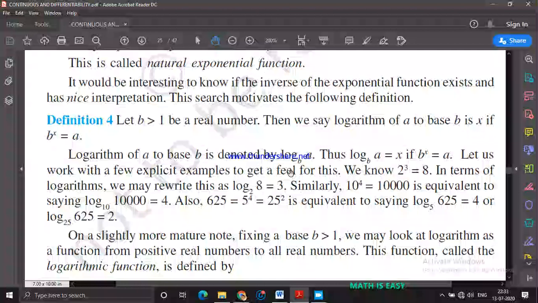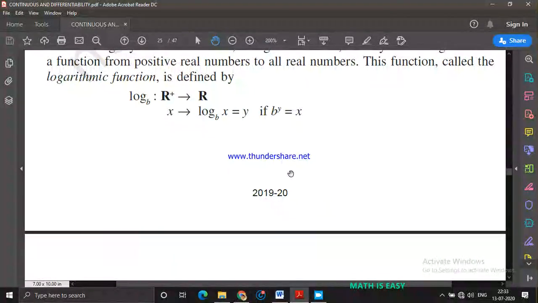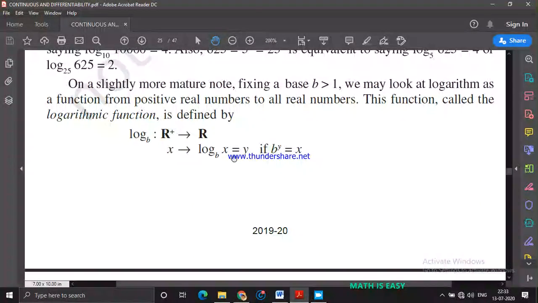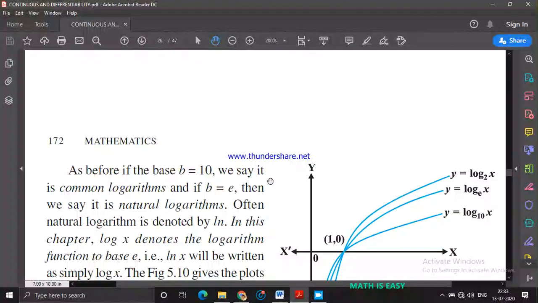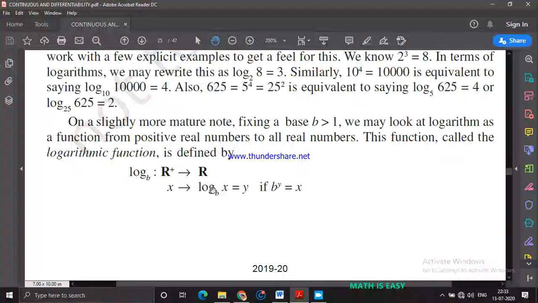Next, there are some formulas to understand here. If log x to the base b equals y, then if I send b to this side, it will go as b power y equals x.